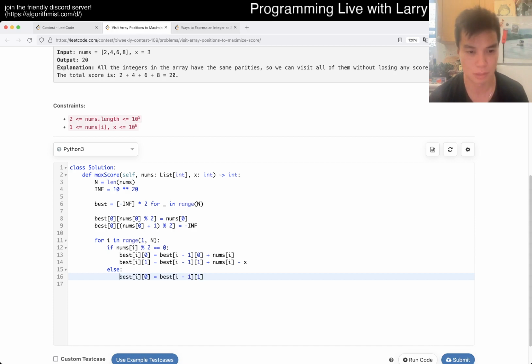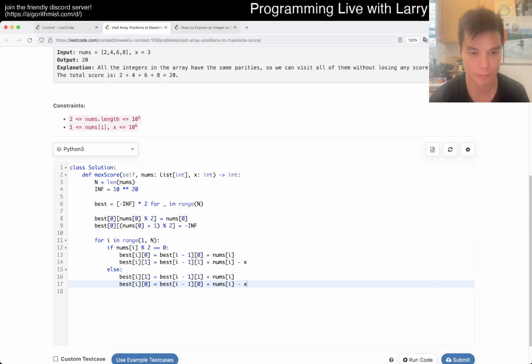Okay, this is one. We don't do it, right? How do we not tick? I'm missing a decision. What am I doing? You always take this one, that's fine. If it's odd, then you do this, or you don't tick.